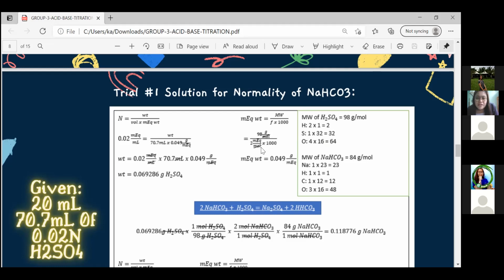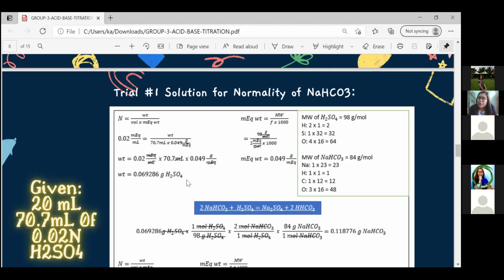So 98 divided by 2 times 1,000 is 0.049. So mao na ang gamiton karon. If we derive this formula, it will become weight equals normality times volume times milliequivalent weight. So 0.02 times 70.7 times 0.049. We can get the amount of sulfuric acid na nagamit during titration.